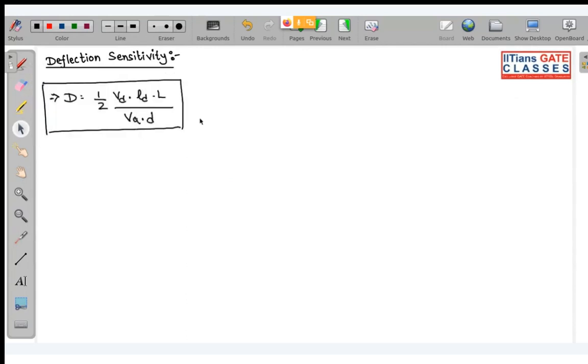So this is the deflection that we got. Out of this you can see LD is constant, you cannot change it. L is also constant, small d is constant.